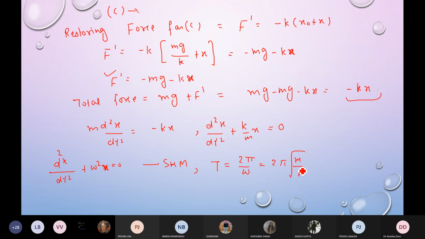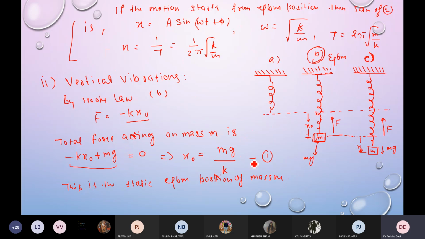So this is the time period, T is equal to 2 pi under root of m upon k.